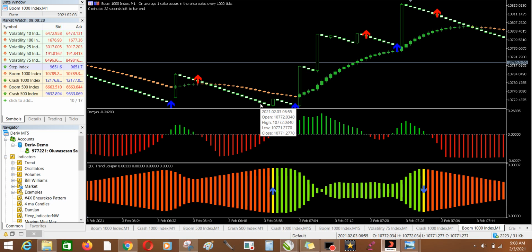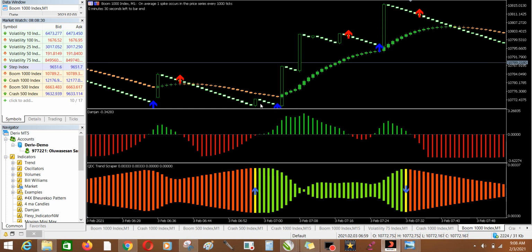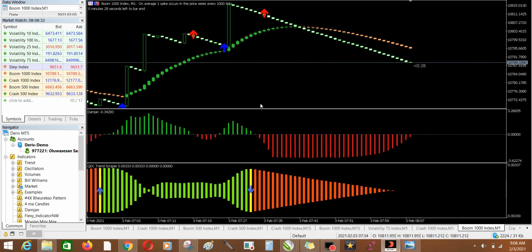So another way you can use to exit, in which the exit arrow will definitely come out before you exit, is using the third indicator window. The third indicator window will help you milk the market for a very long time, even on the 1 minute time frame.